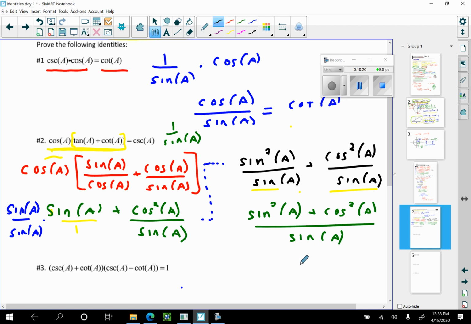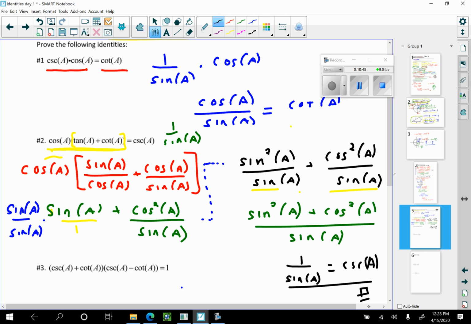You betcha. That's 1 over sine of A. And that does indeed equal my right side of cosecant of A. Bam, as desired. All righty. Let's do another example.